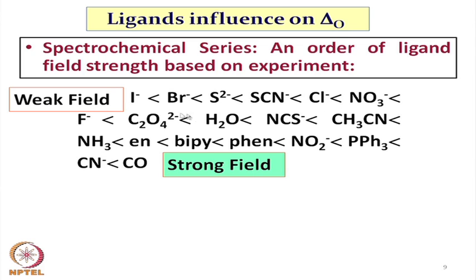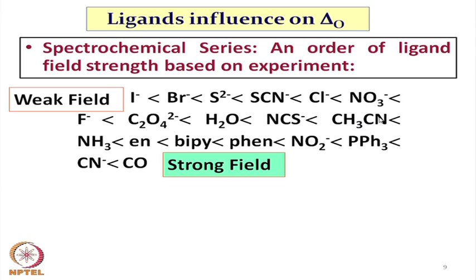Then oxalate, water, then isothiocyanate. This is thiocyanate which is binding through sulfur, and this is isothiocyanate which is binding through nitrogen. So, when we talk about sulfur, sulphide and thiocyanate, which bind through sulfur, are side by side.